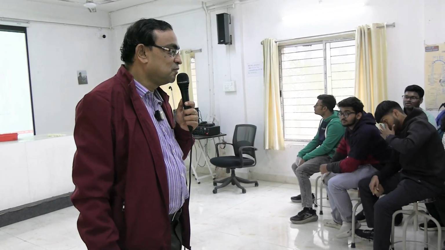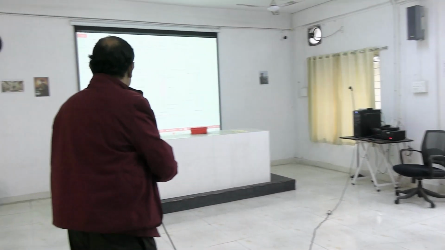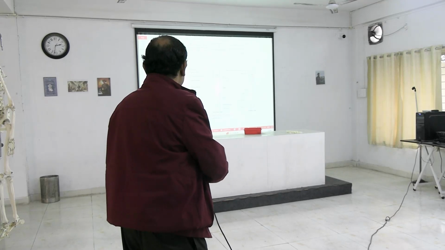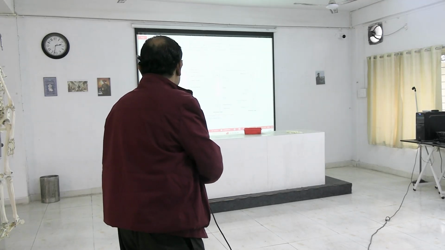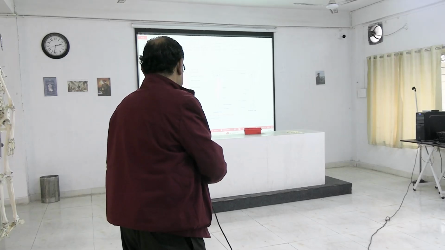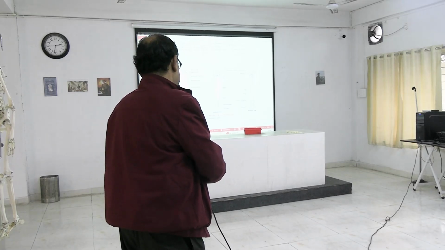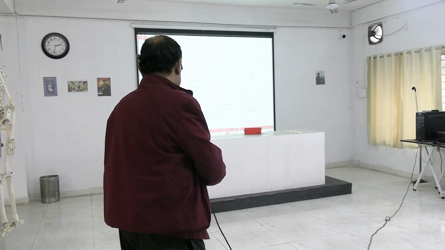What is sole? Sole of the foot, sole of a shoe. It looks like the sole of a shoe or the sole of a foot. So it is the soleus, just below the gastrocnemius muscle.